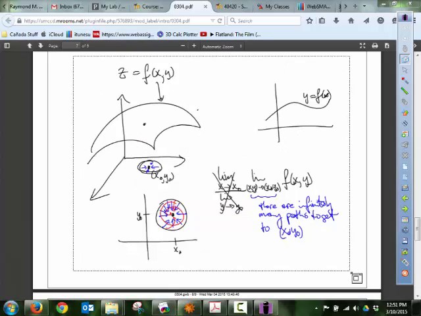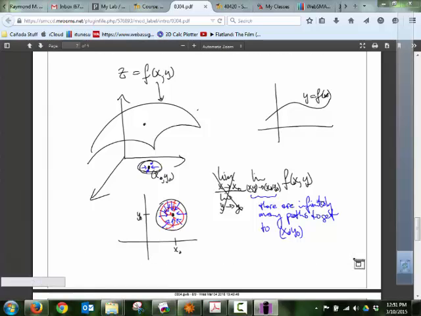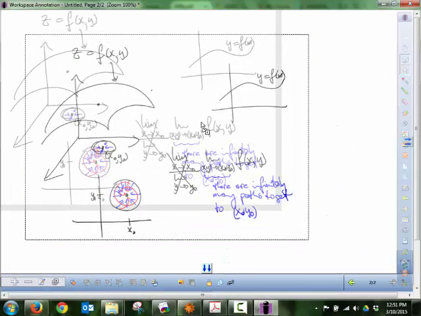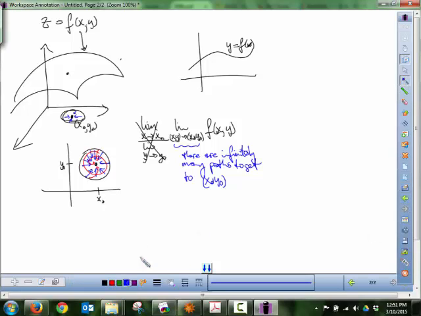The big difference is that when we have a function of several variables, there's not only the left side and the right side to get to the limit. There's many ways to get to the limit. And so let me see if I can write down the epsilon delta definition of a limit here.